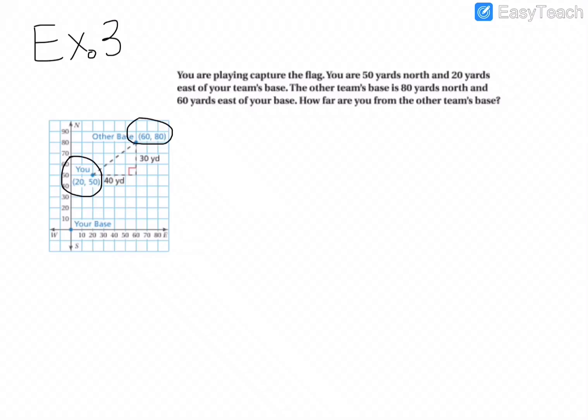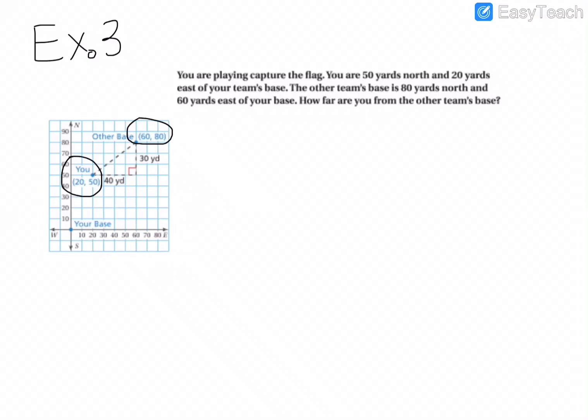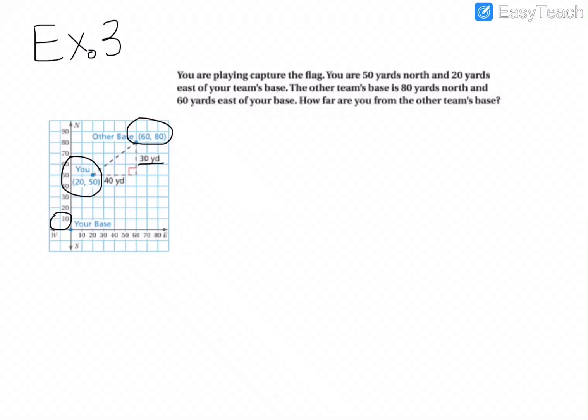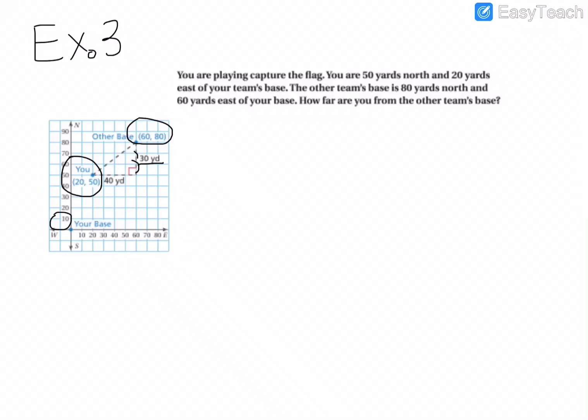So the only reason that that's applicable is that it's helping you find the lengths of these 2 legs, even though on this grid you could probably count it anyways, that this is 30 because the scale is going up by tens. So really that's 10, 20, 30. Sorry, that's a little bit off.